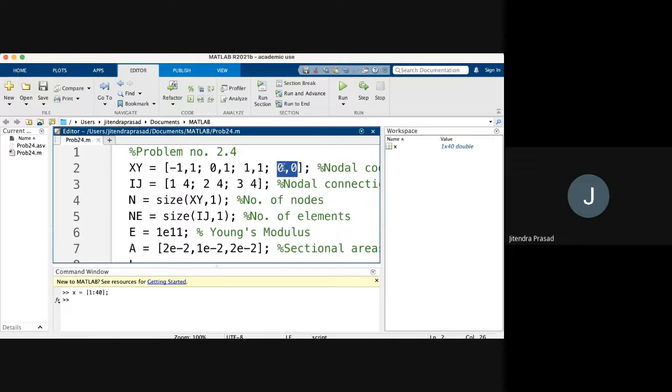The length will be the root of 0 minus minus 1 squared plus 0 minus 1 squared.